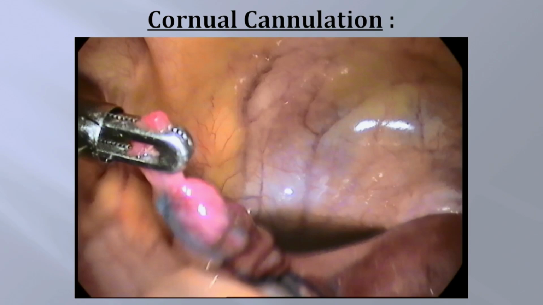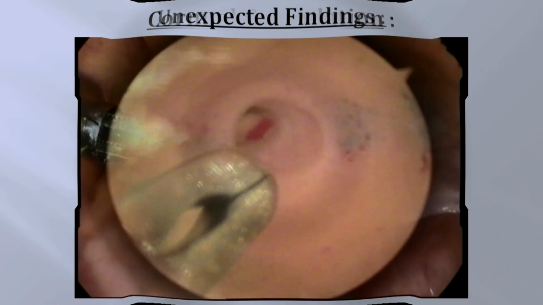The tip of cornual cannulation is that you need to cannulate the cornua only. You should not pass your guide wire through and through the tube because it damages the tube, the cilia are damaged, and in future you may land up in ectopic pregnancy. So only the cornual portion of the tube should be passed through with the guide wire, and then you should push the dye. You can see it is successfully done and dye is seen pouring out of the tube.